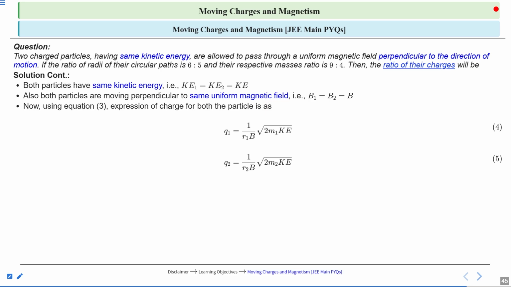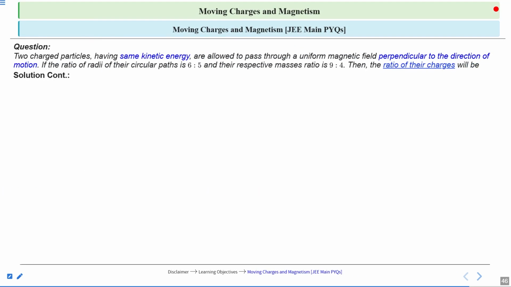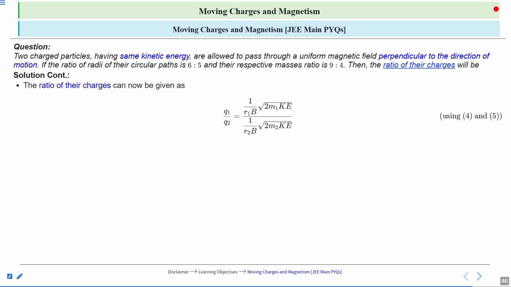Now we will take the ratio Q1/Q2, because we are asked for the ratio of their charges. Q1/Q2 = [(1/R1 B) root of 2 M1 kinetic energy] / [(1/R2 B) root of 2 M2 kinetic energy], using 4 and 5.